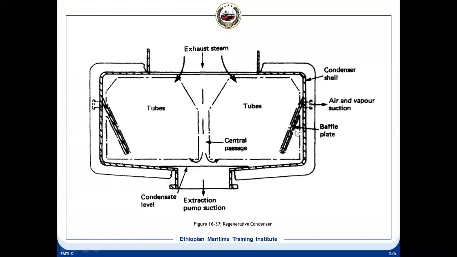That is the purpose of these baffle plates, to prevent steam from flowing out through this. If these baffle plates weren't there, you would have steam directly being extracted from these suction ducts. So just to prevent the steam from escaping from here, we have these baffle plates. Any steam which is here condenses and then falls to the sump, whereas the gases and air get sucked out.